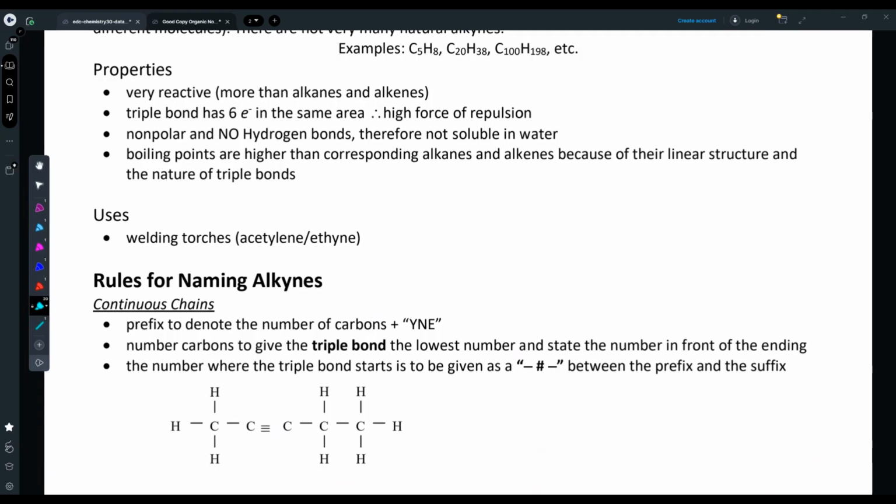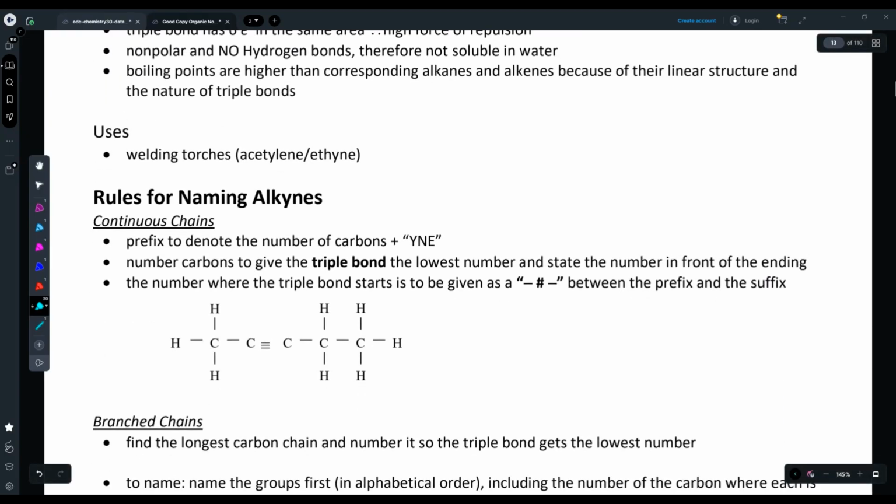Okay, uses. You can see triple bonds in acetylene, which is also called ethyne, and you use that for welding torches. And for naming rules, continuous chains are the ones that don't have any branches. You're going to have the prefix to denote the number of carbons: meth, eth, prop, but, pent, and so forth. And you're going to make sure that you end your name in YNE.